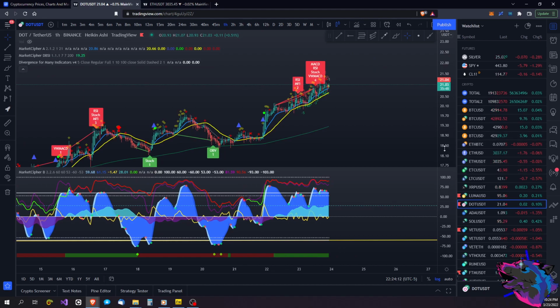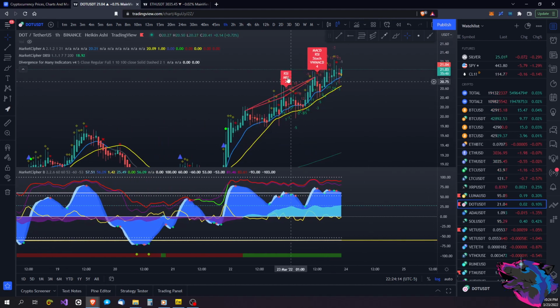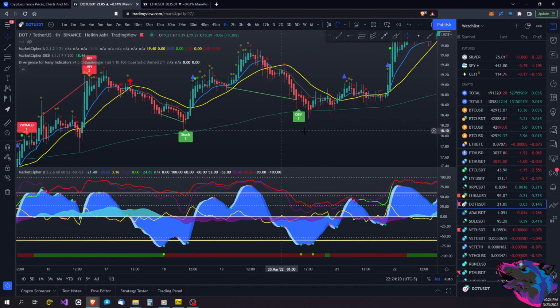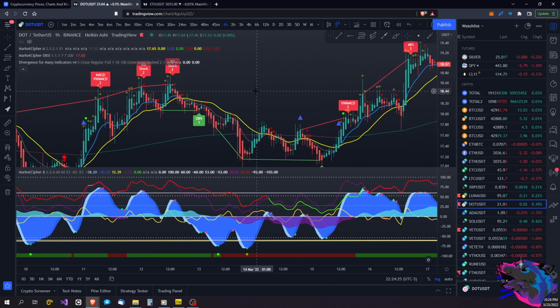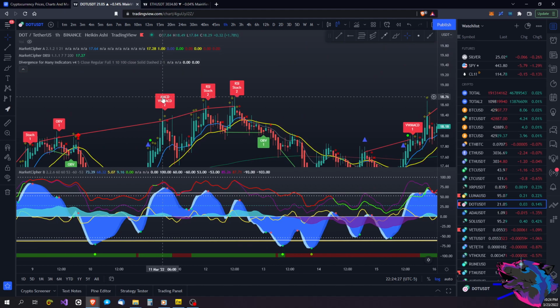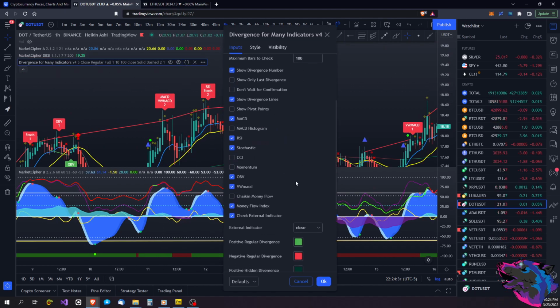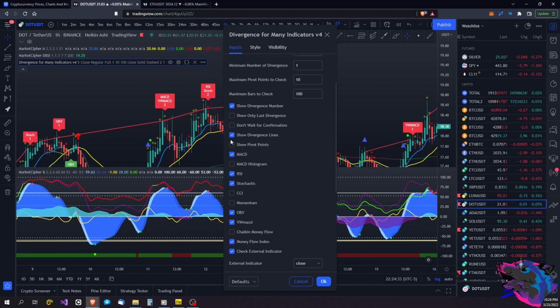But anyway, back to this one here. Now you'll notice on these tags that it has a number of different items depending on each one, oftentimes different, sometimes similar, sometimes the same. It is using a bunch of different standard indicators to look for divergence, and you can turn whatever you want on and off.